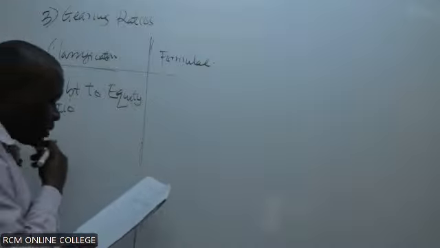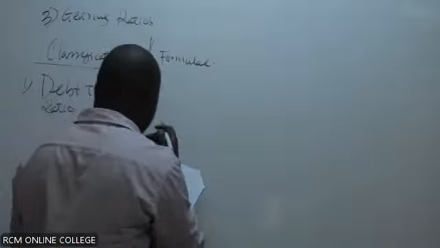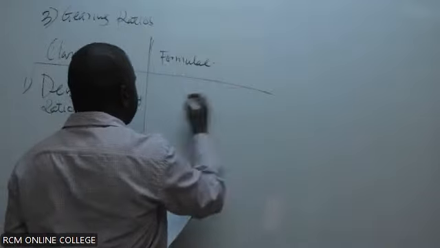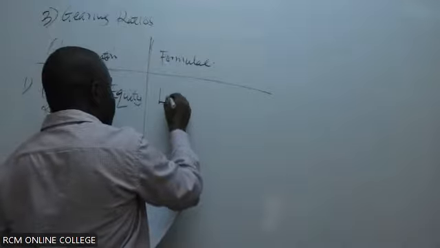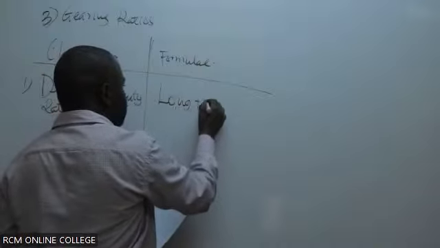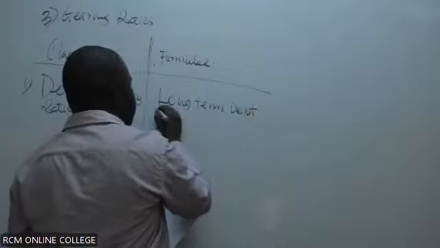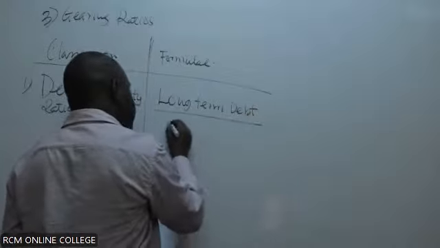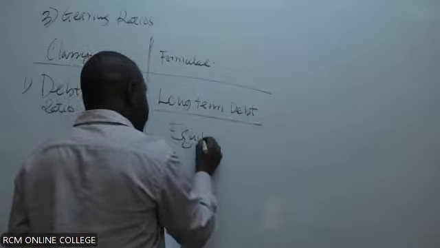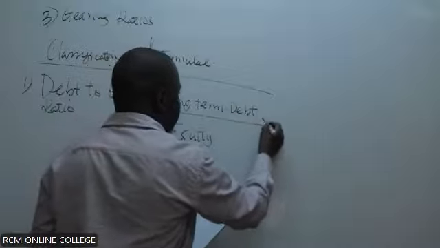What is the formula? In this case, you take long-term debt, you divide by equity, then you multiply by 100%.